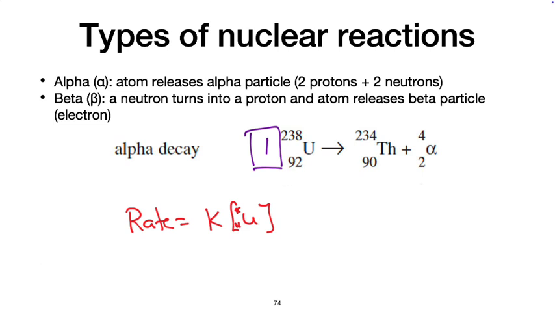What did it produce? Thorium is a fair statement. Do better. What else did it produce? Alpha particle. The alpha particle is the one I wanted to look at. Do better than alpha.